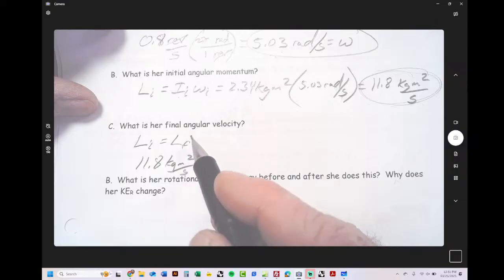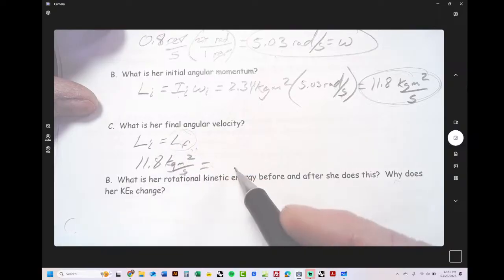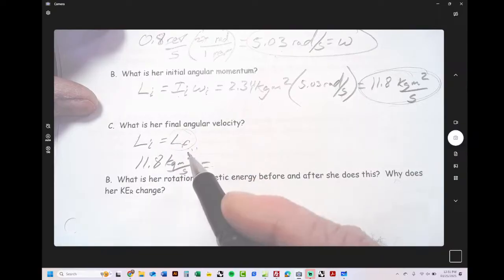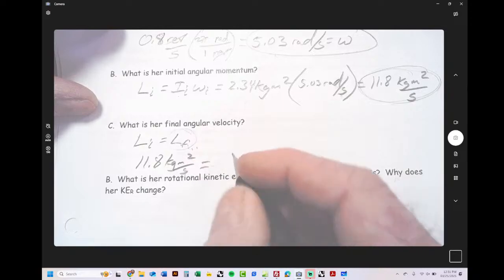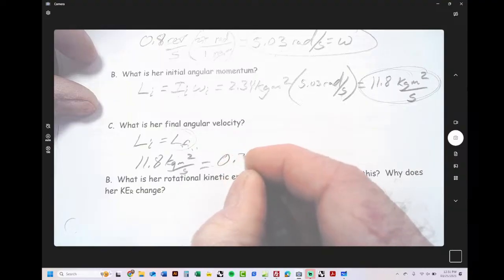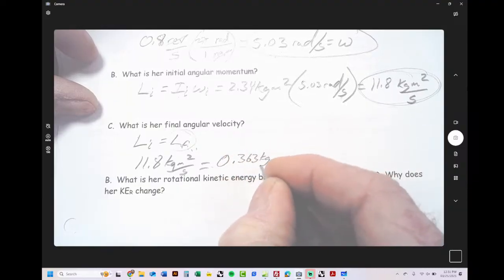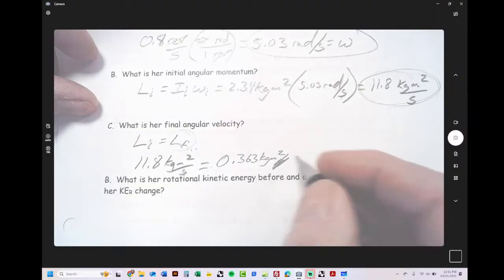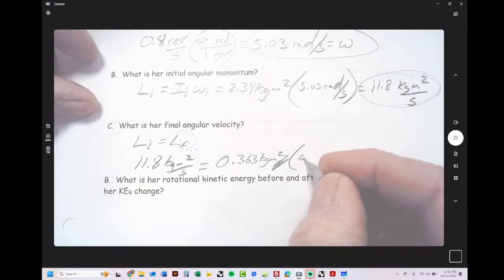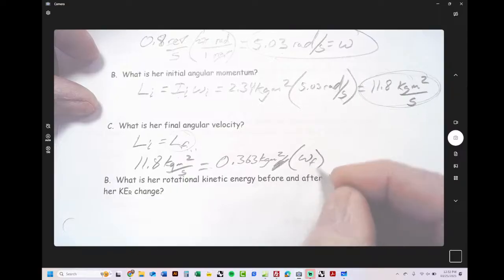But instead of putting 11.8 over here, which would be silly, we can put in I times omega. And the new I is given, 0.363 kilograms meters squared. And the new omega is what we're looking for.